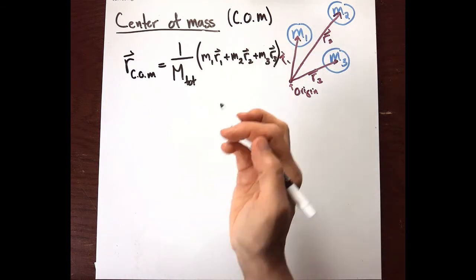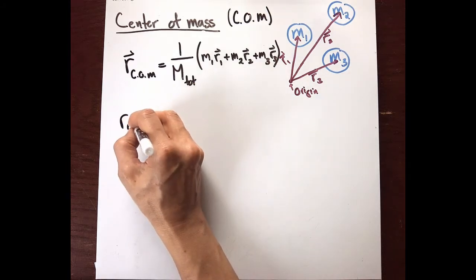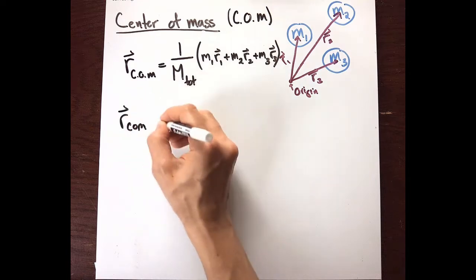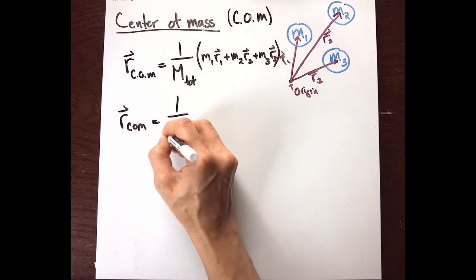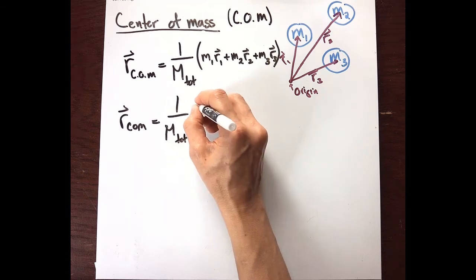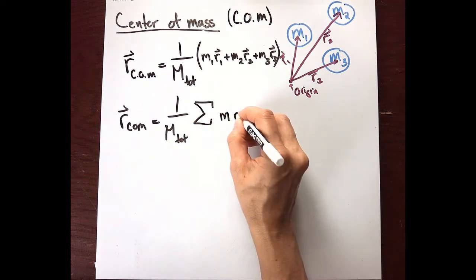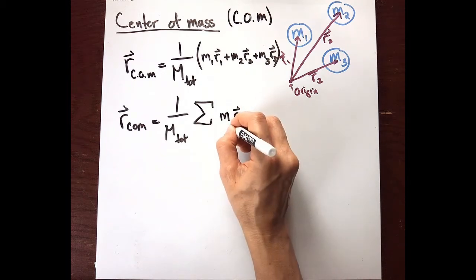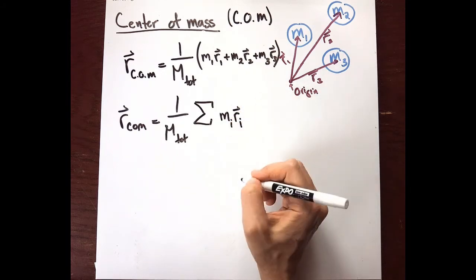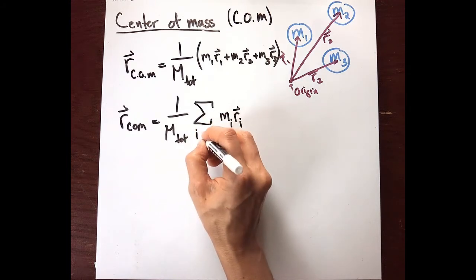And there's a little fancier way to write this. We can write this using the sum symbol. So we still got the 1 over the total mass. And then we use the sum symbol, and that just means that we're going to look at each position and each mass individually like this. But instead of writing 1, 2, and 3, I'm going to write i.